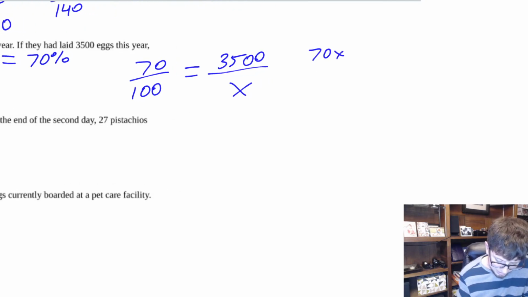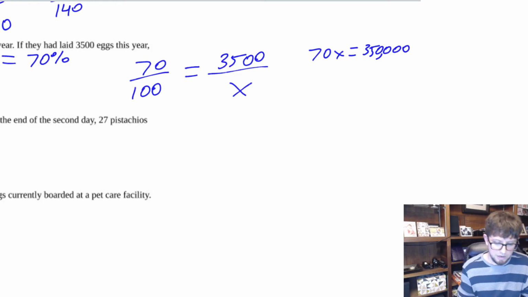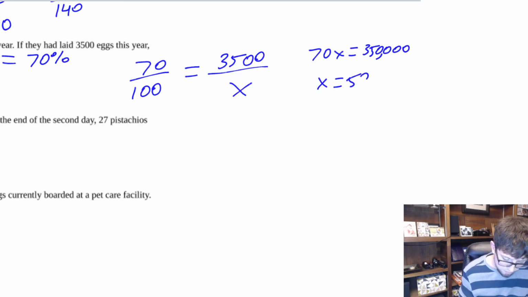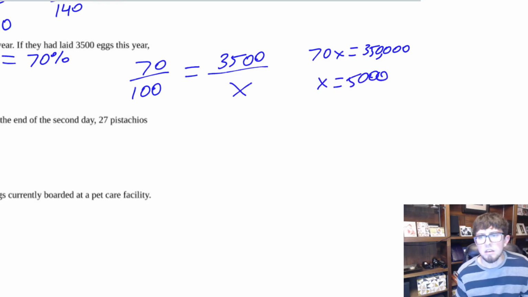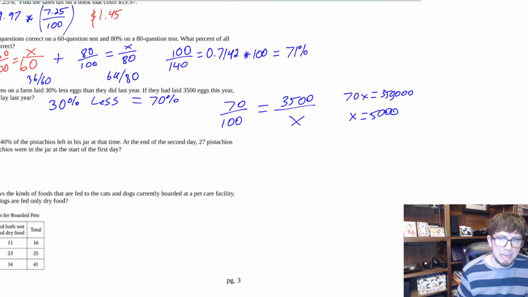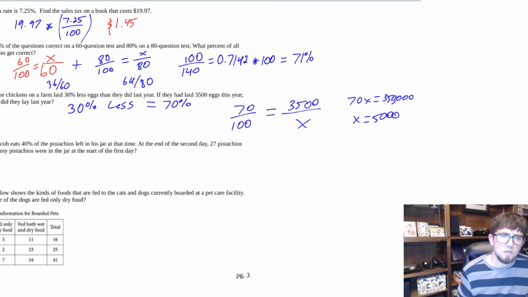So 70x is equal to 350,000. If I take 350,000 and divide that by 70, I get that x is equal to 5,000, which is how many eggs they laid last year. So if you can figure out this proportion thing, it can help you avoid mistakes.